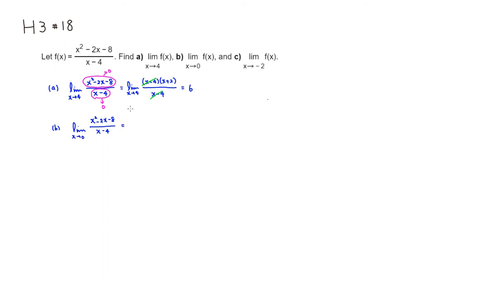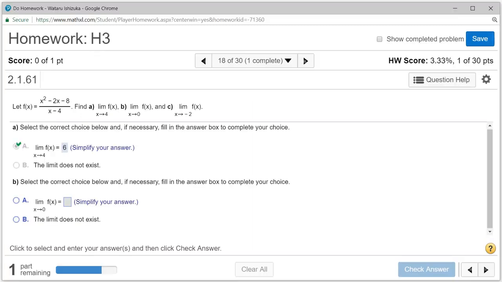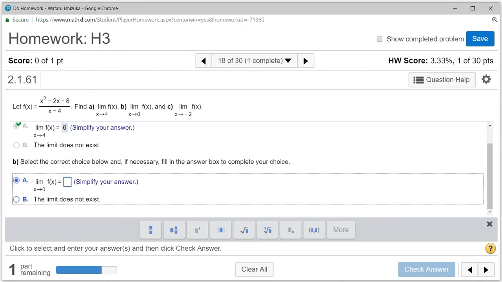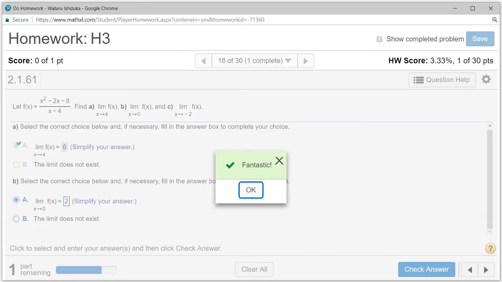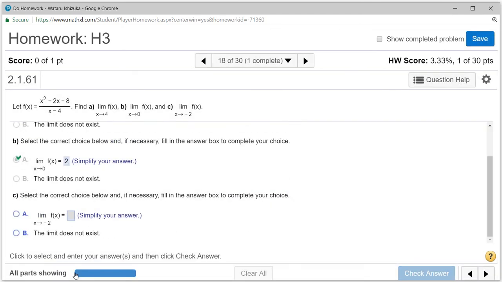First, we plug in 0, and you see that 0 minus 4 is negative 4 on the bottom, and 0 minus 0 minus 8 is negative 8 on top. So we actually get positive 2, and that's the answer. Plug in 2 and check the answer. We got that.